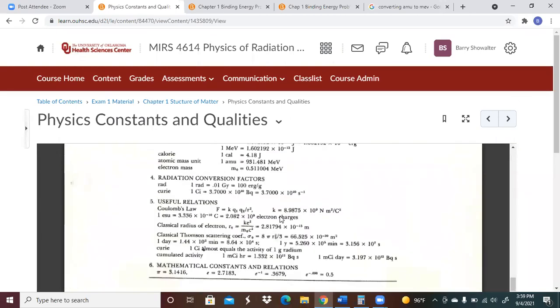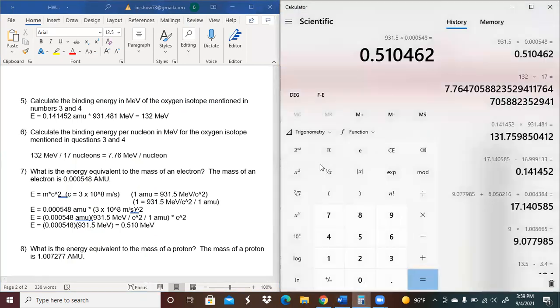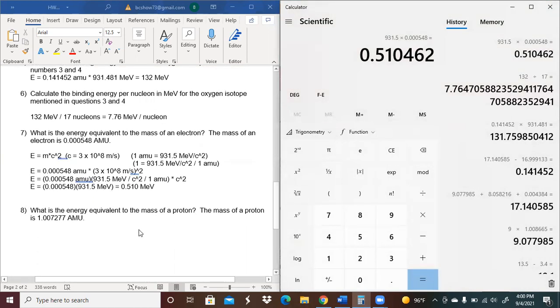Let's see. There we go. Electron mass 0.511004. So I'm a little off, and I think that has to do primarily with the rounding. If I had better precision, I would come up with 0.511, which is generally the accepted value.